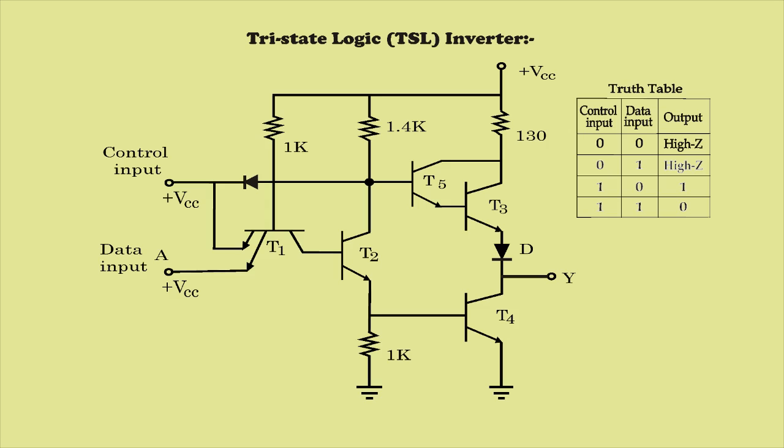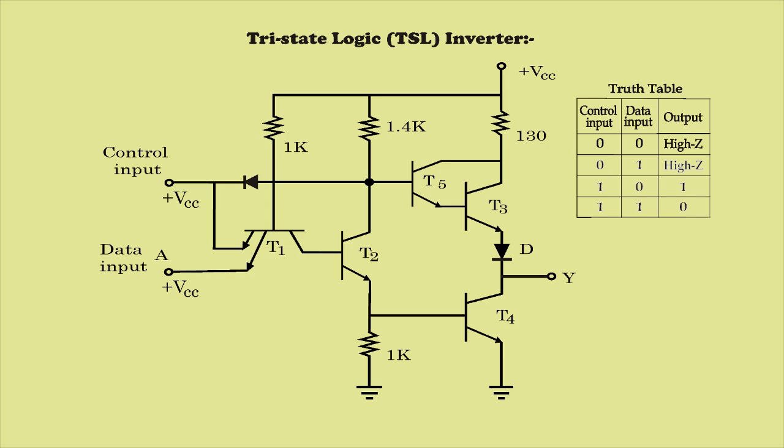Let us move to the upper circuit, that is transistor T5 and T3. As the drive is removed because the control input is connected to plus VCC, and the collector of transistor T2 is not dropping any voltage, all the voltage is sinking towards ground through transistor T2. So there will be no voltage available at the base of transistor T5.